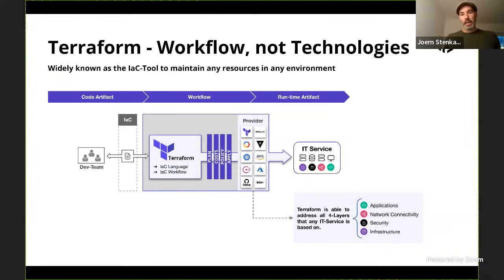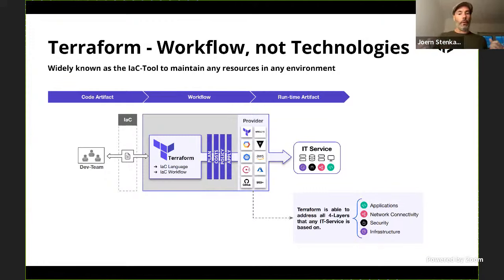A runtime environment might be Google or AWS or Azure or Kubernetes or VMware or whatever. There are more than 1,000 different providers that can be used within Terraform to affect the resources of this specific runtime environment.